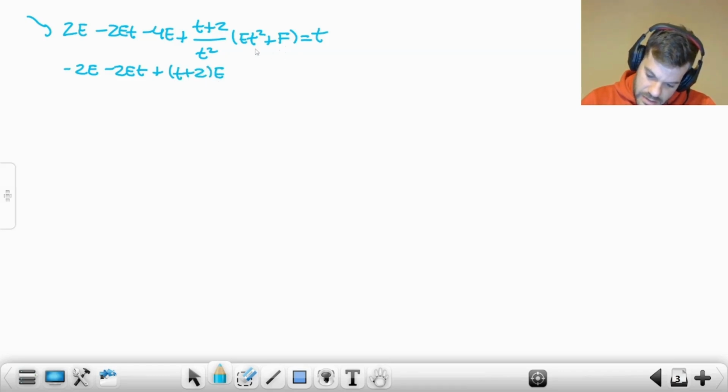And then second times the entire brackets plus f times (t plus 2) over t squared equals t.